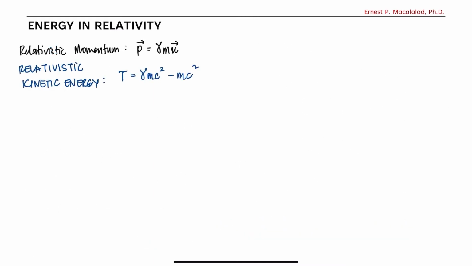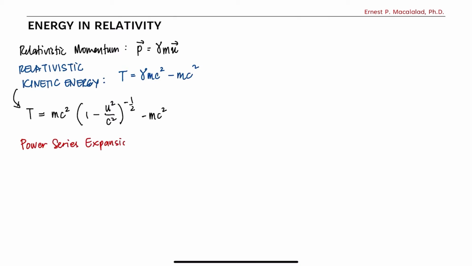Using again the definition of the Lorentz factor gamma, we can rewrite this as T equals m c squared times (1 minus u squared over c squared) to the negative 1 half, minus m c squared. Expanding this expression in a power series, we have T equals m c squared times (1 plus 1 half u squared over c squared plus etc. for the higher order terms) minus m c squared.